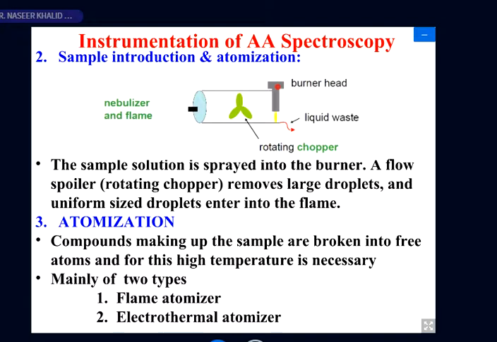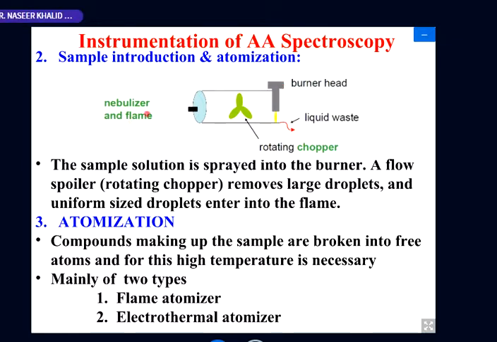Those which are of larger size will be creating problems. They will remain in the chamber and go into the waste. They are not reaching the burner head.